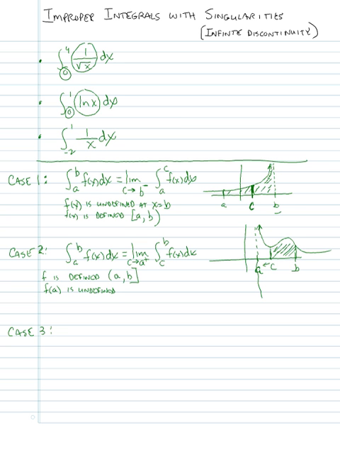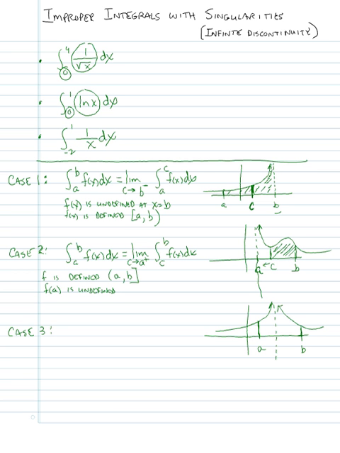And that would be if we had a function f, and maybe here is where A is, and here is where B is, and somewhere between A and B, this function has an infinite discontinuity. But we're wanting to integrate from A to B.